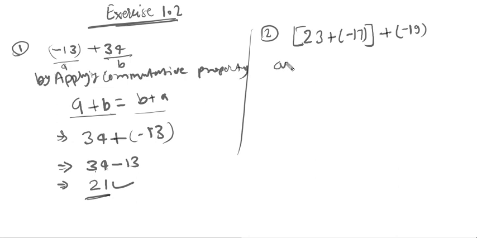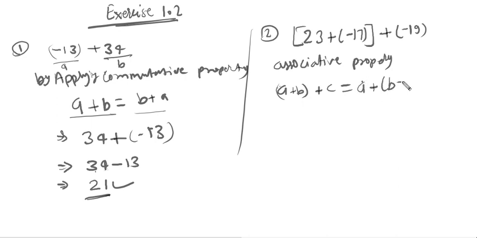By applying the associative property, what does our associative property say? A plus B plus C will be equal to A plus B plus C, with the brackets grouped differently. So here this is our A, this is our B, and this is our C. So we can write it like this way.